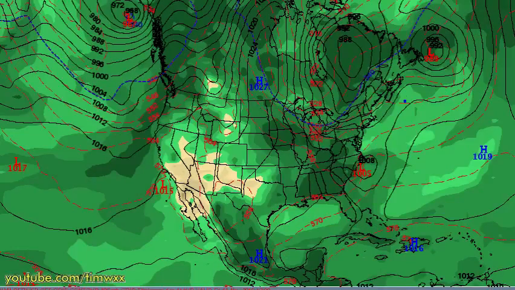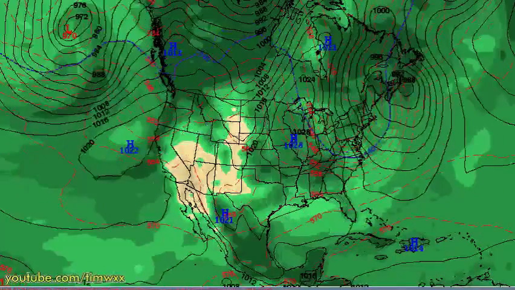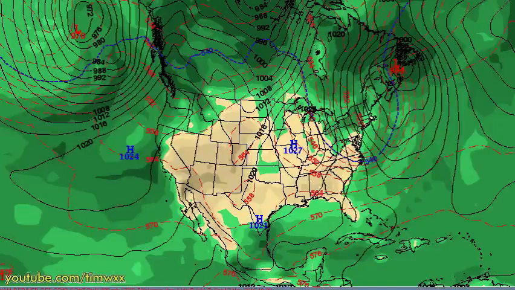Northeast U.S., they get a reinforcing shot of cold air coming down through here. This is on Friday. So it looks like a very good cold air outbreak coming down south. Another front working into the Pacific Northwest right there. And look at that.